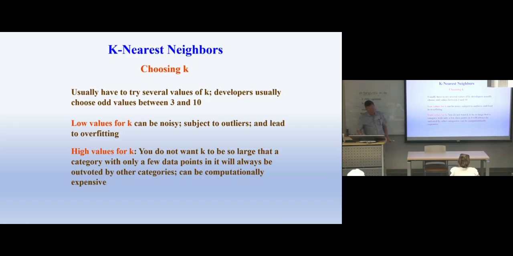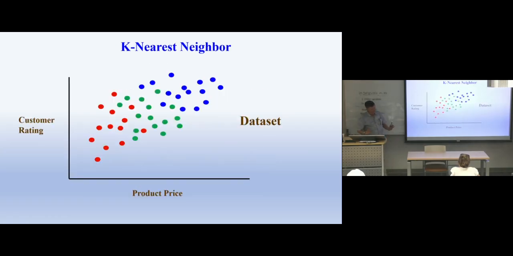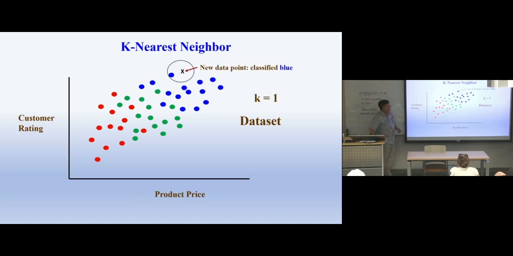You want something intermediate. So I've got some intermingling here with these three groups, and you figure this is pretty standard: product price, customer rating. Now you get to figure out how to do k nearest neighbors. Your algorithm will take care of it. You pick k of 1. The new value comes in at x. You classify it as blue because you used k of 1.